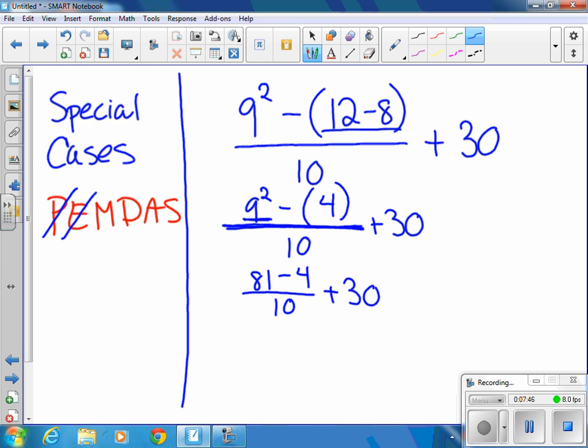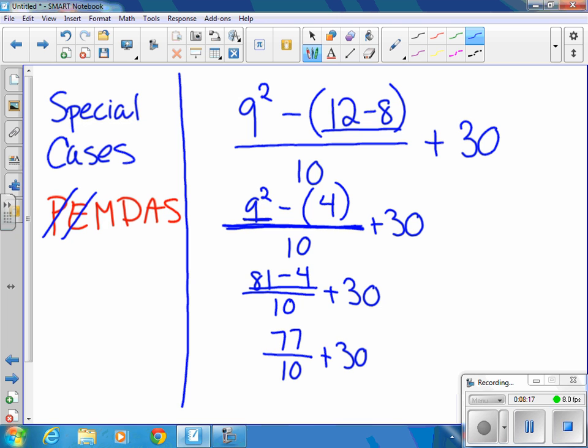I still have the top part of this to do, so I need to do 81 minus 4, because I'm still working on that parentheses kind of thing, since it's the top part of the fraction bar. I need to get that gone before I can do anything else. So I have 81 minus 4. I get 77 divided by 10 plus 30.